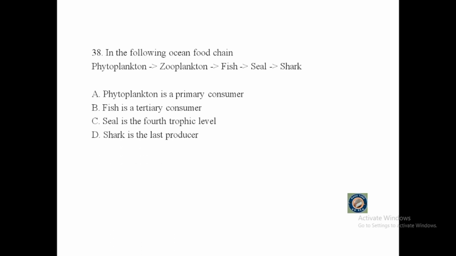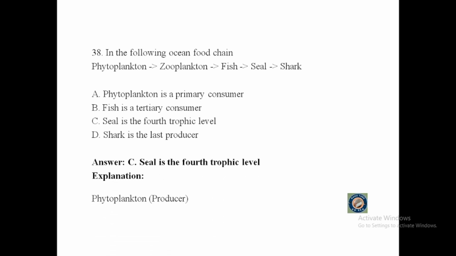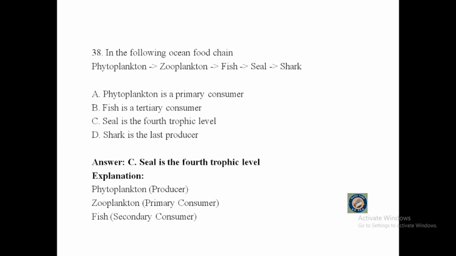Or D. Shark is the last producer. The answer is seal is the fourth trophic level. Phytoplankton, which is the producer, zooplankton, primary consumer, fish, secondary consumer, and seal, which is tertiary consumer, the fourth trophic level.